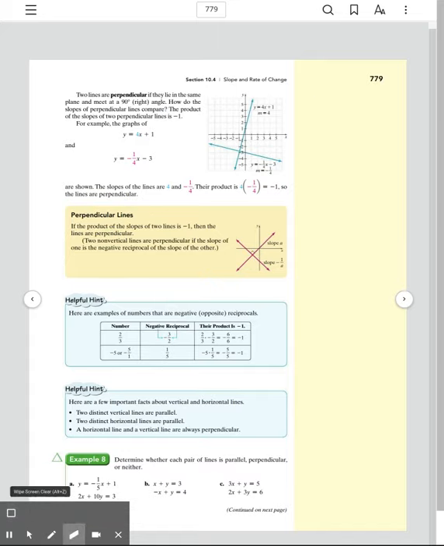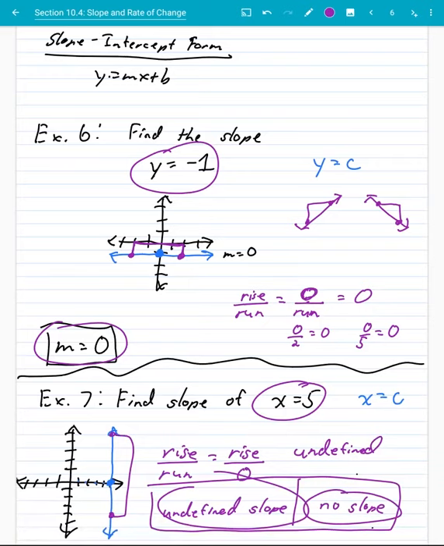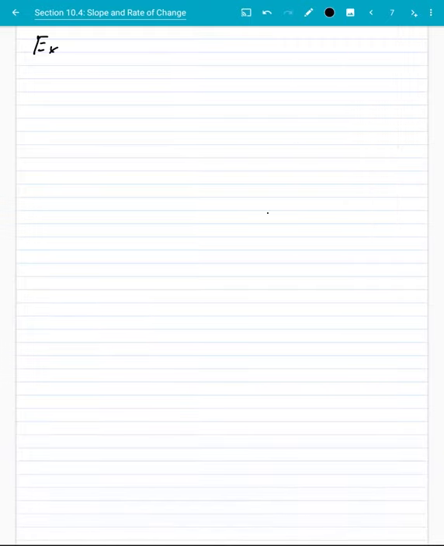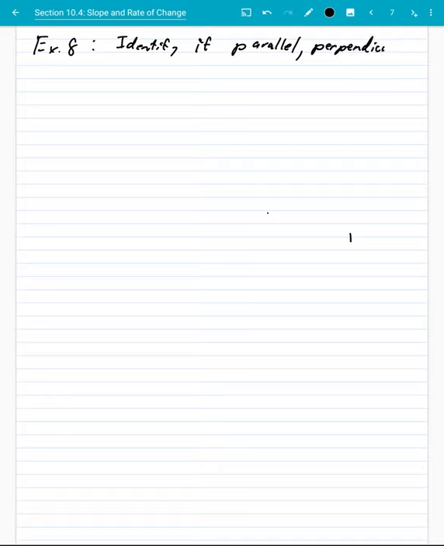So what we want to do is look at these examples. For example 8, it wants us to identify if the two lines are perpendicular, parallel, or neither.